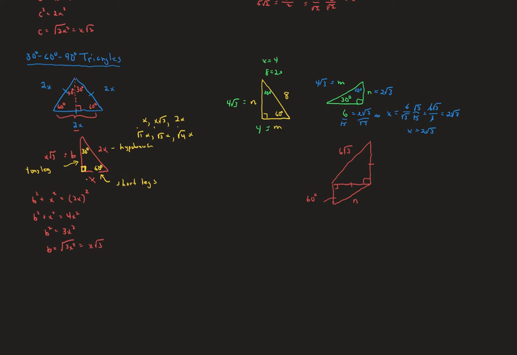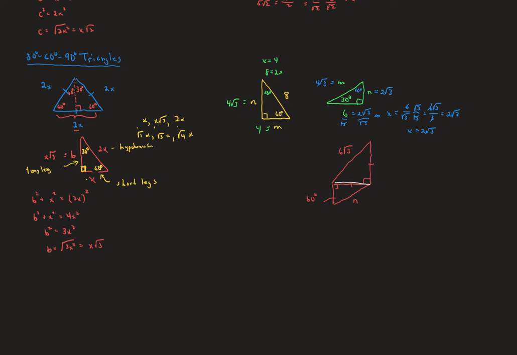Now the next one, that red triangle, got all kinds of stuff going on here, because now we have a 45-45-90 and a 30-60-90. What great fun. So we're going to try to find n. We need to figure out what this side length is right here, that side length that is shared by the 45-45-90 and the 30-60-90.